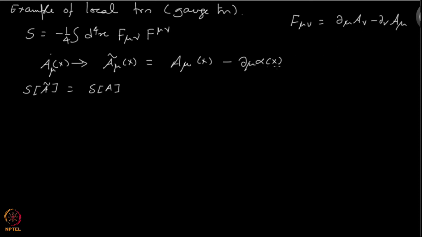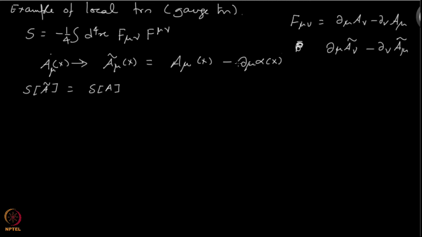So what I am saying is construct del mu A nu tilde minus del nu A mu tilde. That is what you have to do. You have to replace the fields by the transformed fields in the action.